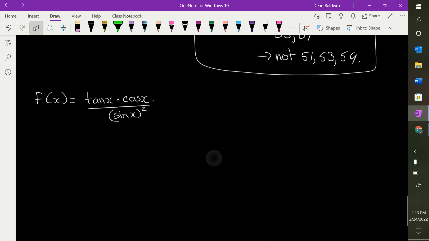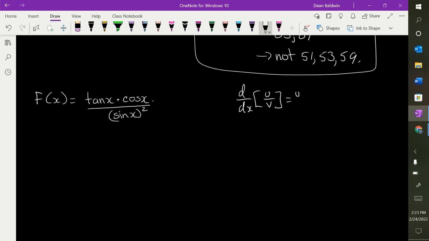Okay, so what we remember is, this is 2 functions being divided. You can see there's a quotient here. So we're going to have to use quotient rule. So if you remember quotient rule, the derivative of u over v is u primed times v minus v primed times u, over v squared.